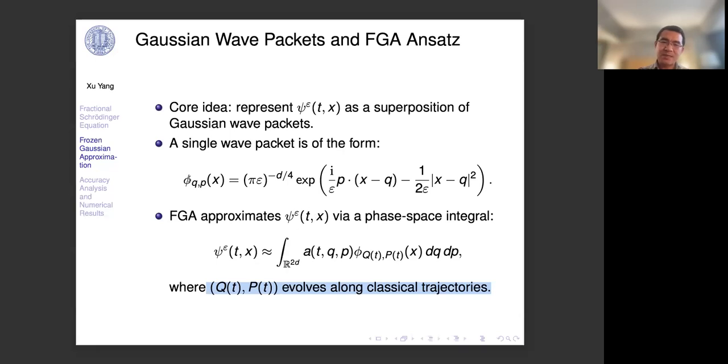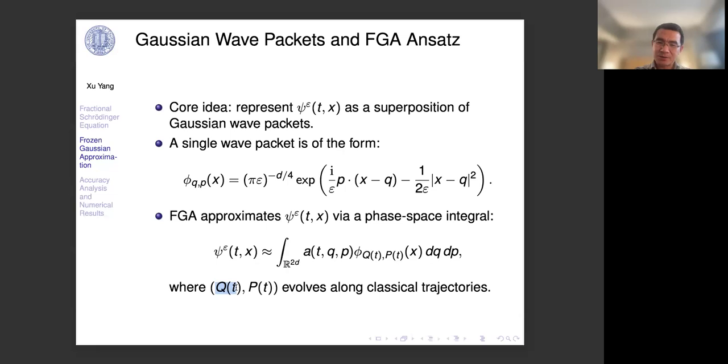P is the momentum of our Gaussian wave packet, and Q is the center. We let this pair have some dynamics, and the dynamics will be the same as the one that we derived from geometric optics. So essentially, the trajectory of the Gaussian wave packet follows the geometric optics.